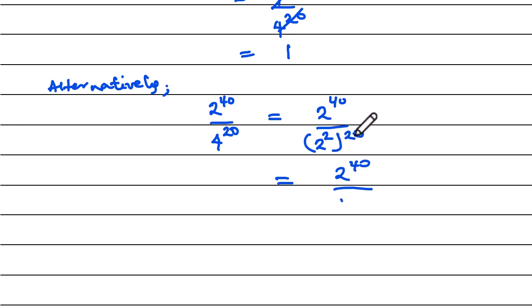Then I'm going to open up this bracket with the same rule, but working in reverse this time. So if you have a raised to power m raised to power n, you can open up the bracket to have a raised to power mn that way. So this becomes 2 raised to power 40. And similarly, this goes into this exactly 1 time, and it simplifies into 1.